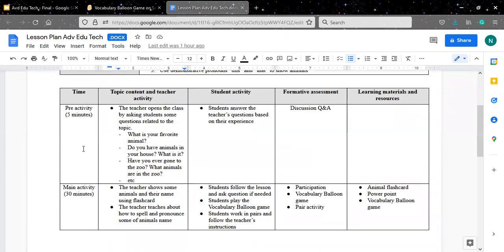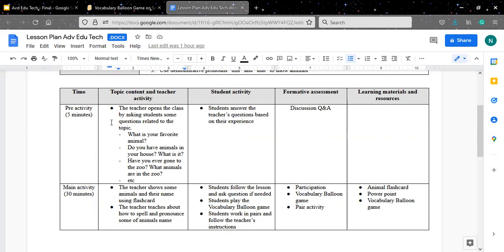I continue to the content of this lesson plan. It is divided into three activities: pre, main, and post. In the beginning of the lesson, the teacher will open the class by asking students some questions related to the topic, to build students' prior knowledge and connect it to the topic.